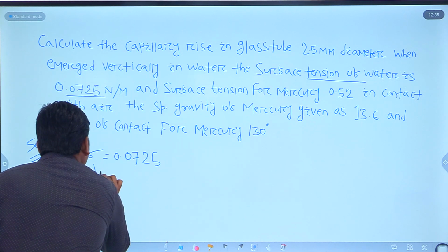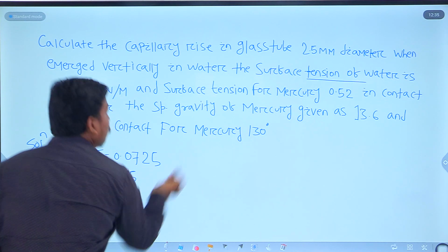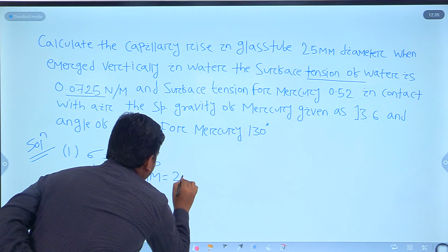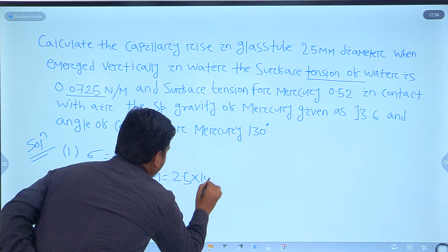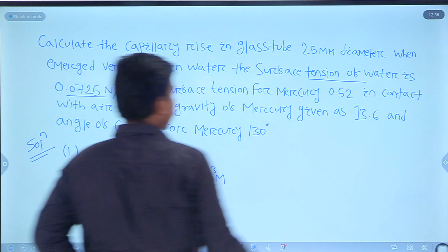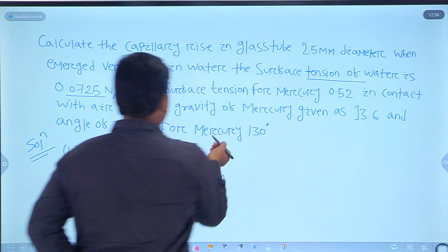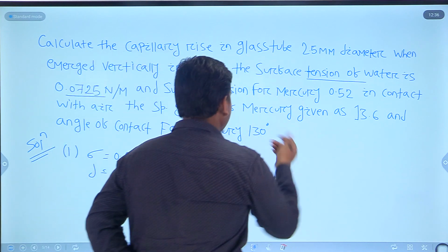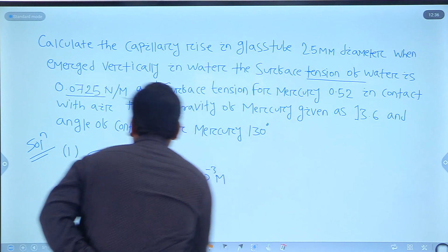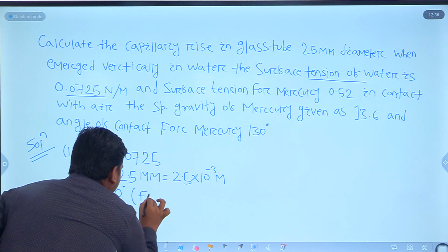Diameter is equal to 2.5 mm converted into meter, 2.5 into 10 to the power minus 3 meter. Then for water, the angle of contact is not given, but we know that in a small tube the angle of contact is 0 degree for water. Okay. Theta is equal to 0 degree for small tube.